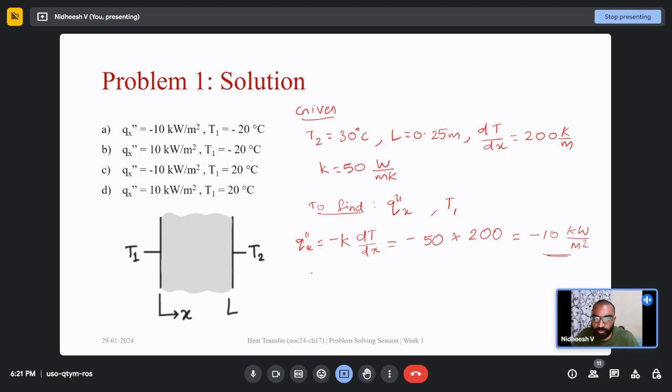Okay, I think everyone has. Sir, this T1 temperature, input temperature. Yes, T1 we will find out. We just now found out the flux, and now we will go to find out the T1. Can someone give an expression for dT by dx, which involves T1 and T2?